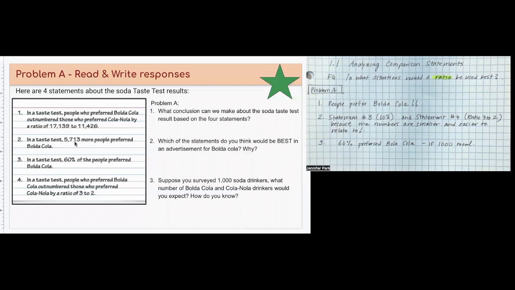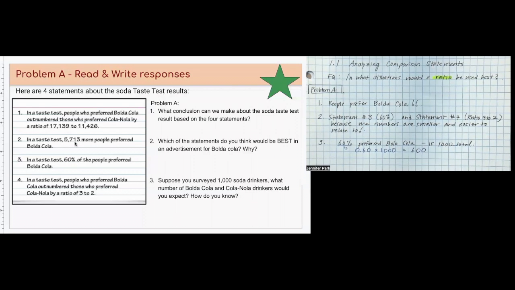Well, you could try: 60% as a decimal is 0.60. So if you multiply that by the total of 1,000 people, that's going to be 600.